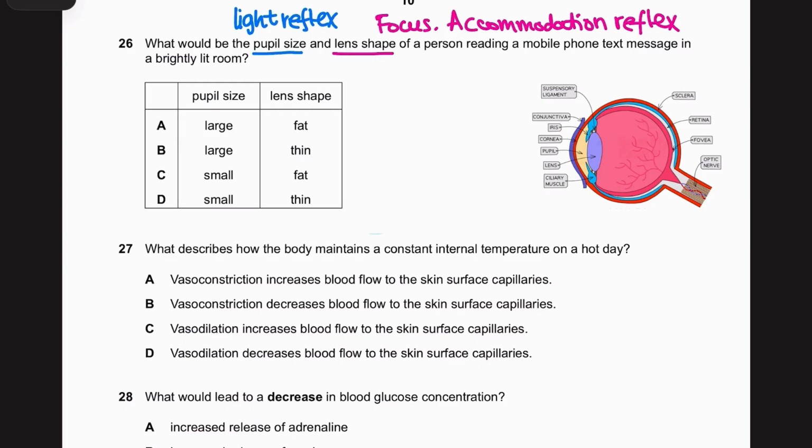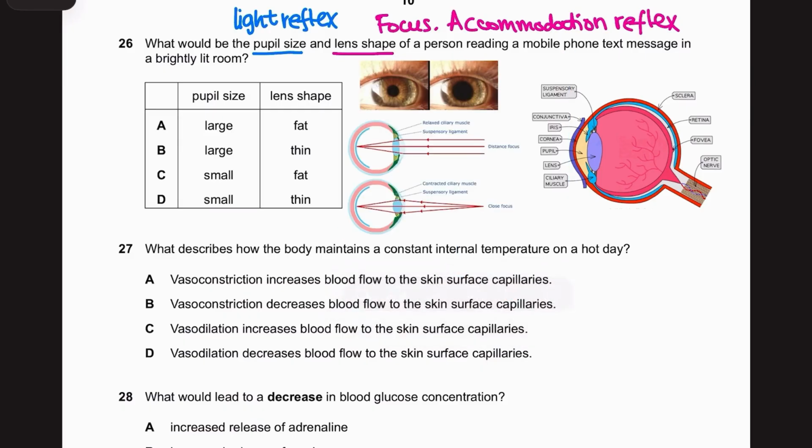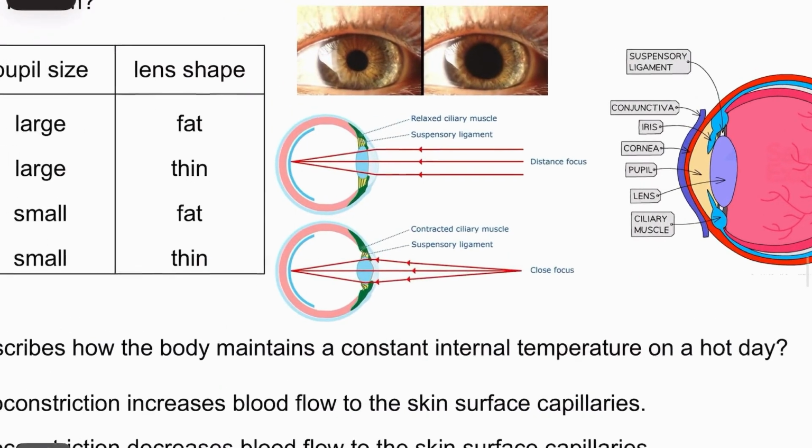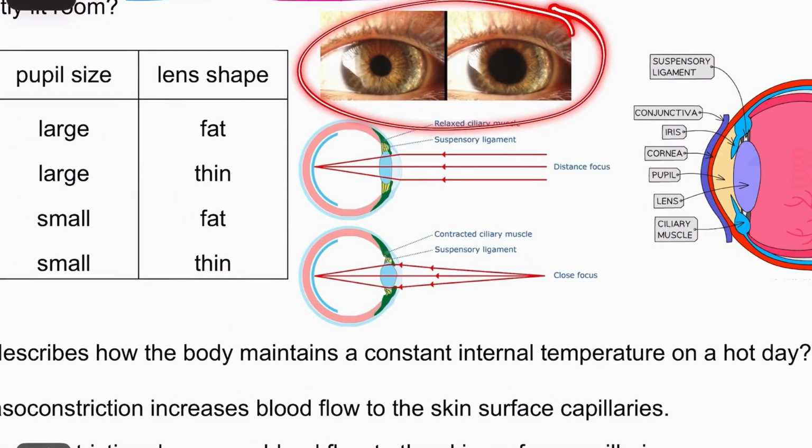Okay, now a bit more information. I want you to look at this person's eye and tell me which one, number one or number two, is in a brightly lit room. You see the hole in the middle, right? If there's a bright room, there's a lot of light, then what do you expect the size of the pupil to be? Would it be big or small?